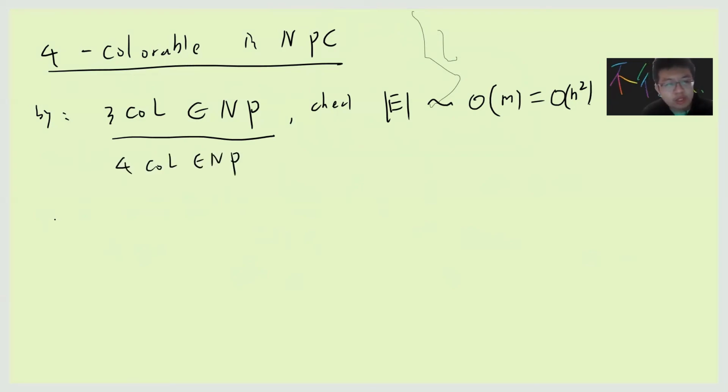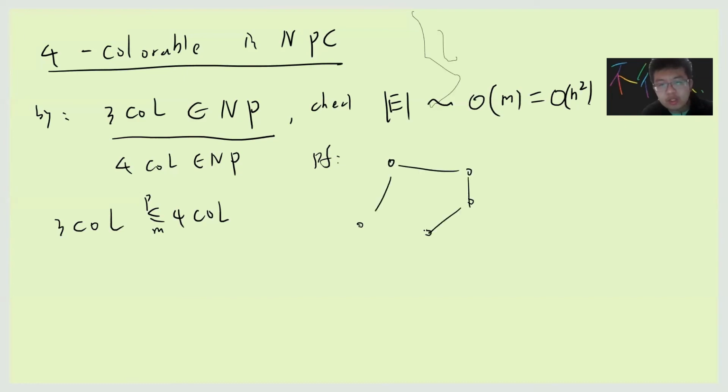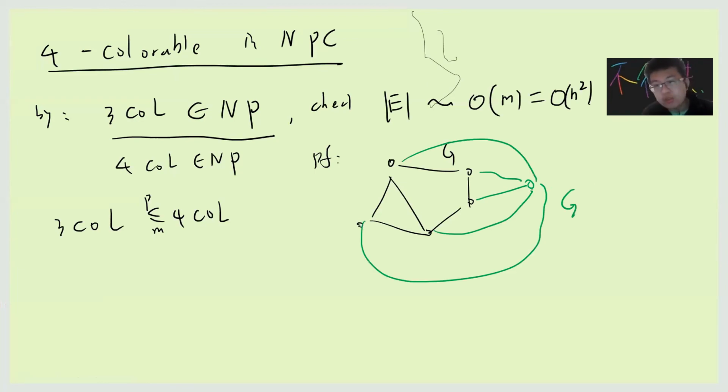But one can easily show that 3-colorable has a polynomial reduction to 4-colorable. The proof is very simple. Somebody gives you a graph G. I create another node, a green node, and connect every vertex of G with this green node. I call this graph G prime.